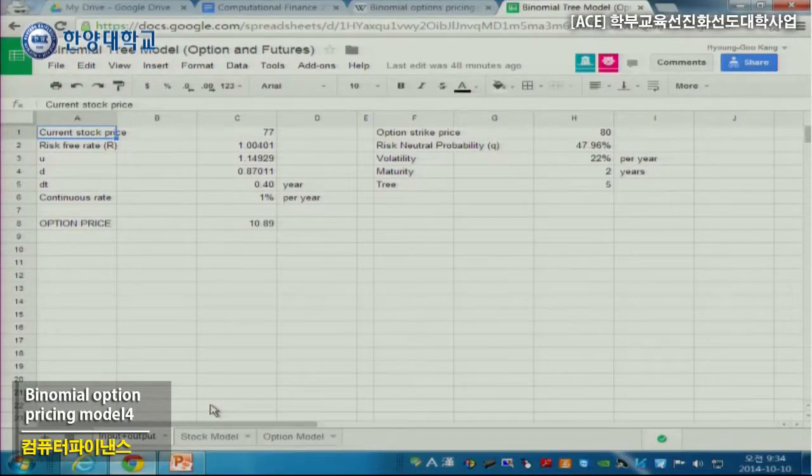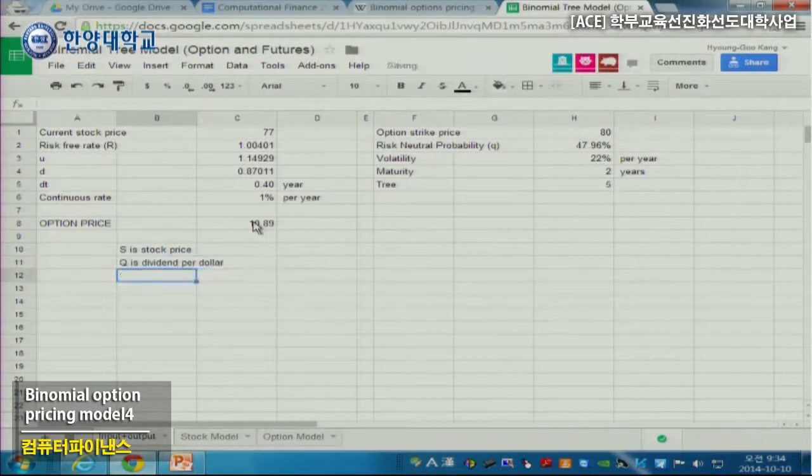Suppose S is stock price, and suppose Q is the gross dividend rate per dollar. So Q multiplied by S should be the final value.